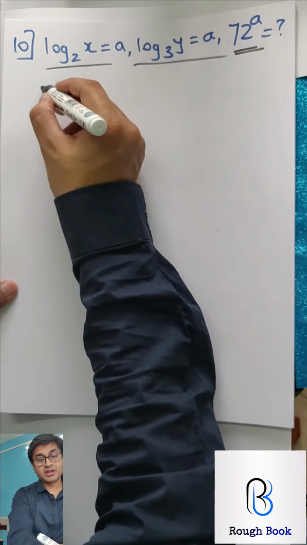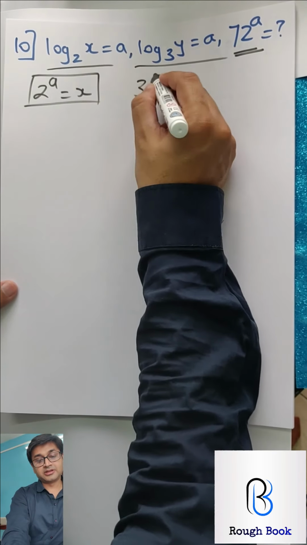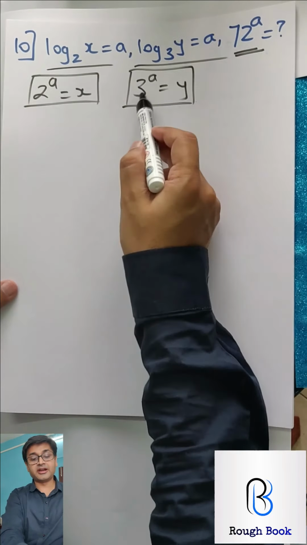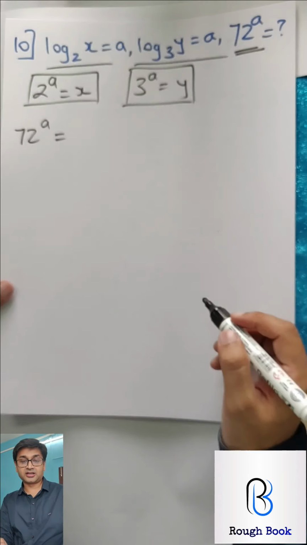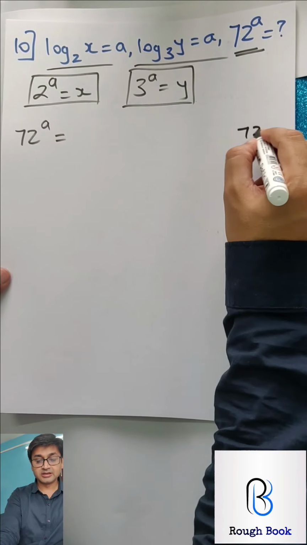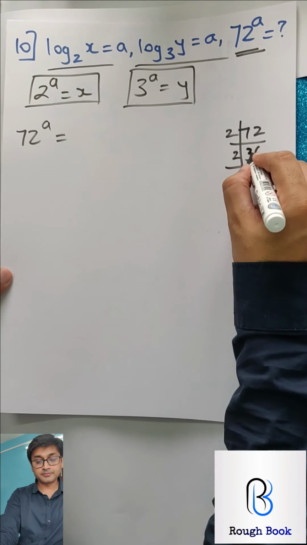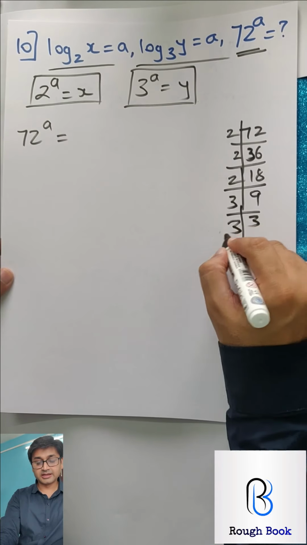First convert this. So 2 raised to a becomes x and 3 raised to a becomes y. So you got x and y in terms of a. Now take 72 raised to a. Take the factors of 72. So let's take it. 72, 2, 36, 2, 18, 2, 9, 3, 3, 3, 1.